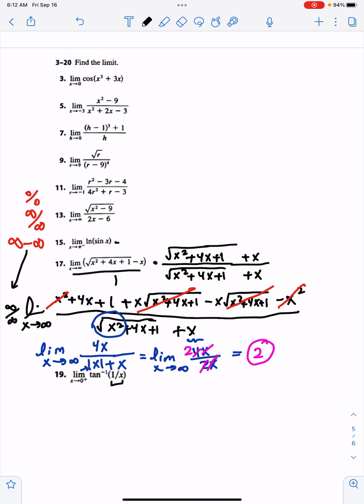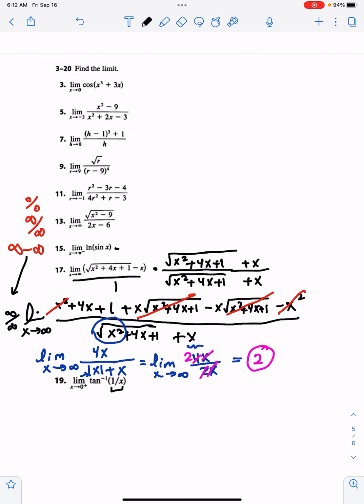If it's 1 over 0 a little bit more, it's going to be over positive infinity. So here is what you can think about it. You have positive infinity. Now you are thinking of tan inverse of positive infinity. That's what you need to have in mind.